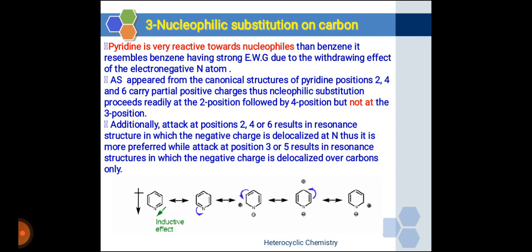So the 2, 4, 6 positions of pyridine have positive charge because of the resonating structure, and these easily undergo nucleophilic substitution.